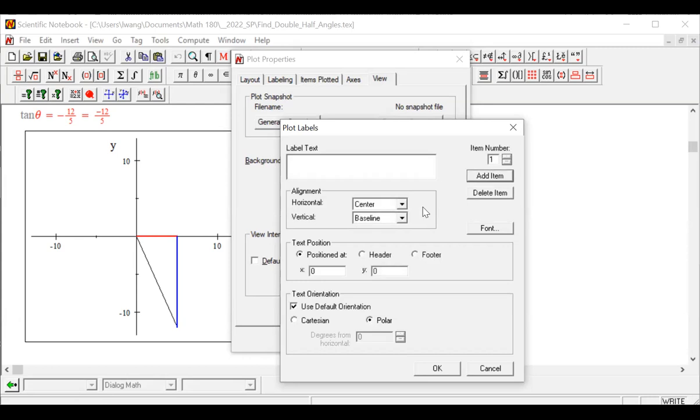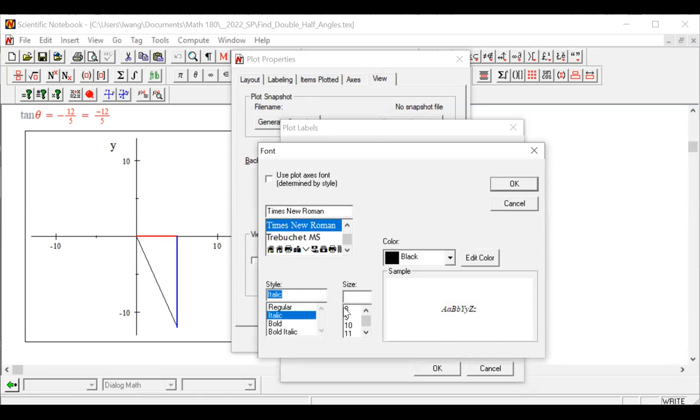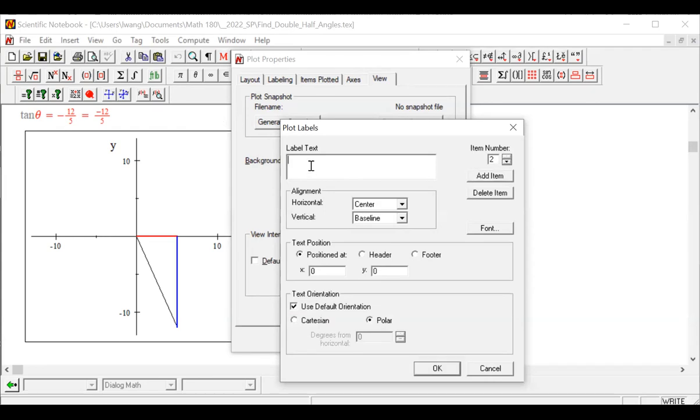So we're marking the numbers. This is 5, because we know the red and blue already. So 5 is the red number, and the blue number is negative 12.